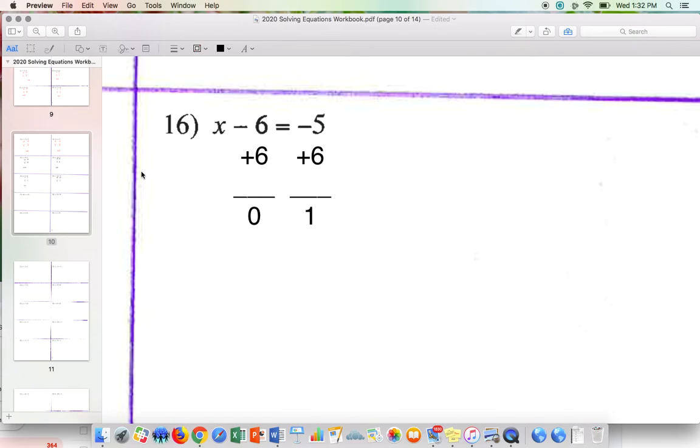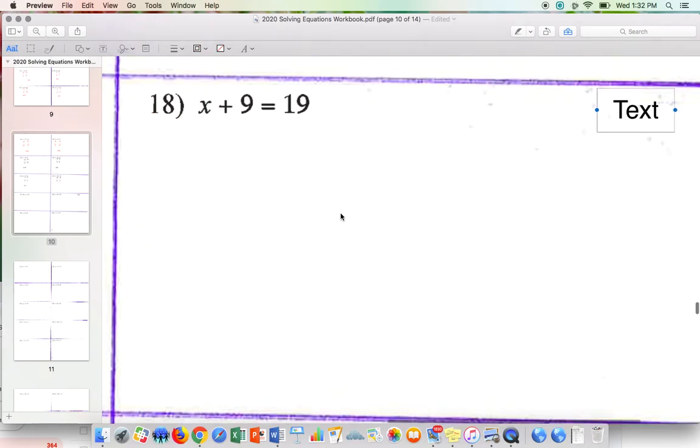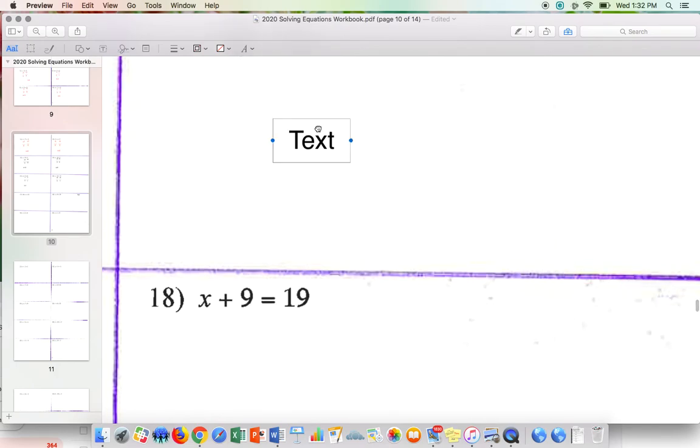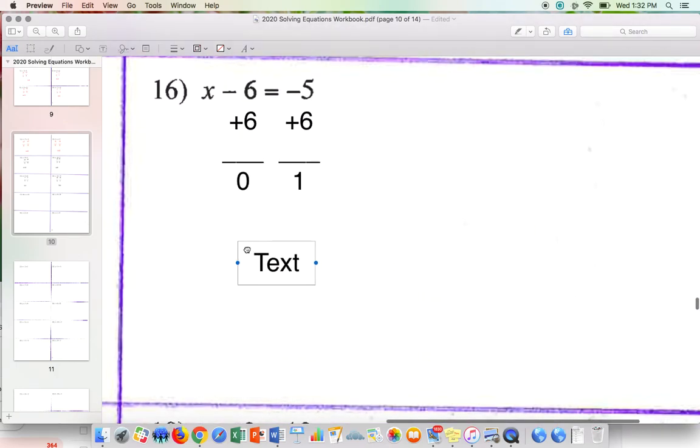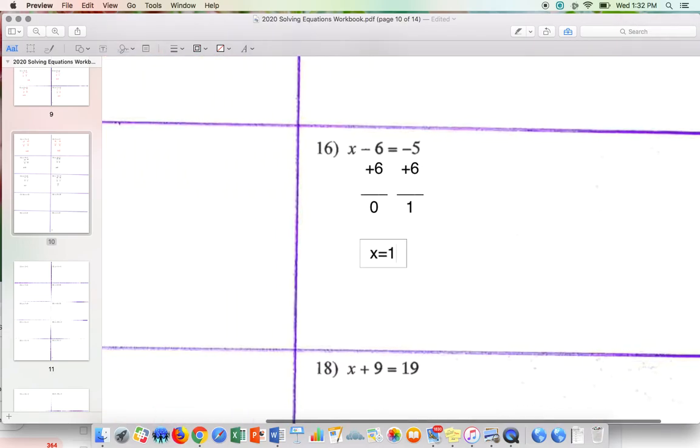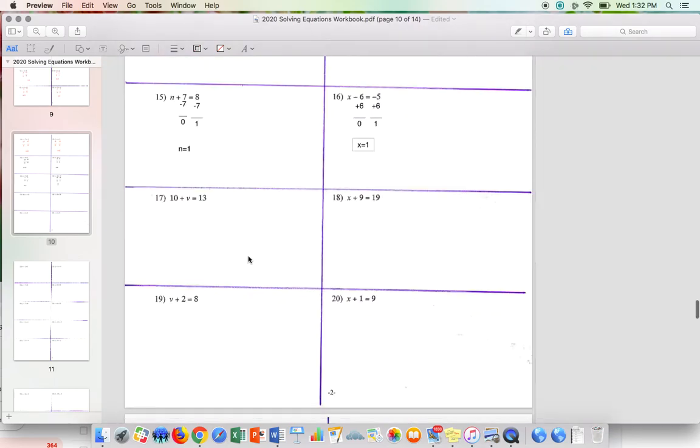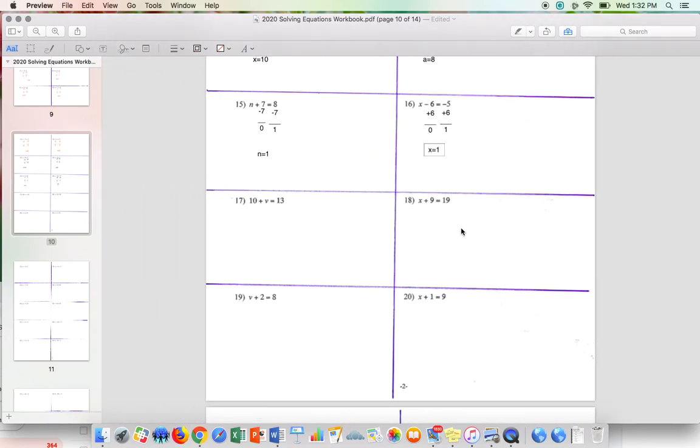Okay, again, all we need to do now, let's write in our answers. X equals 1. Perfect. Okay, guys, I want you to do 17, 18, 19, and 20 and send it to me.